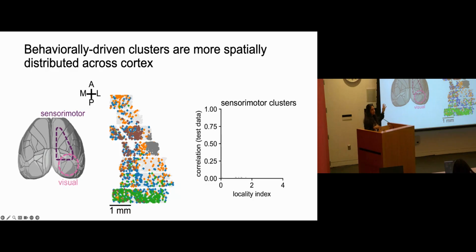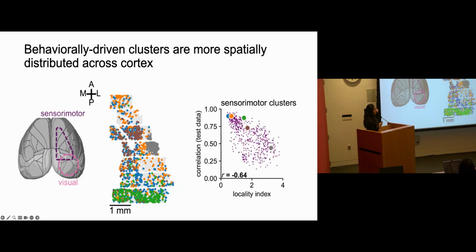On the y-axis, we plot how well each of those clusters is predicted by behavior. On the x-axis, we have the locality index, meaning how clustered it is: the more dense, the higher the locality index; the more spread across, the lower.